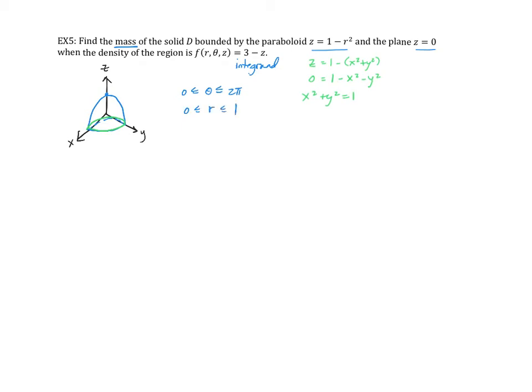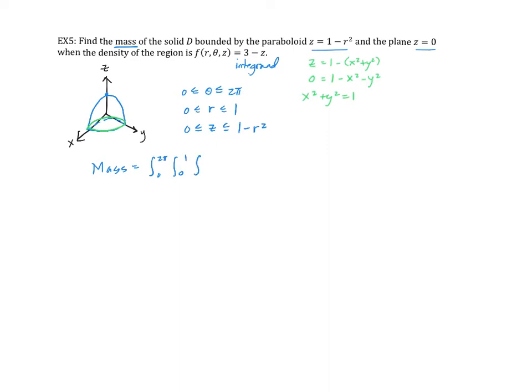And what about my z values? Well, I know I'm bounded below by z equal to 0, and above I'm bounded by 1 minus r squared. So I have my limits of integration. My mass is simply, I'm going to go theta on the outside, 0 to 2 pi. r is 0 to 1.